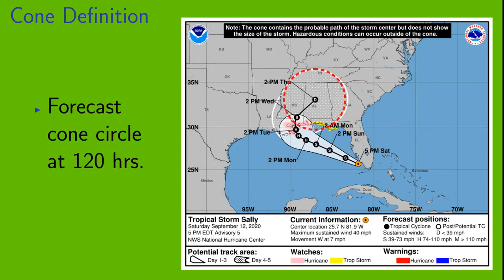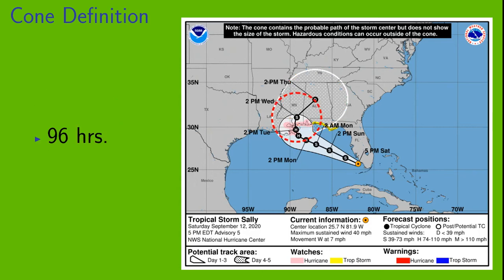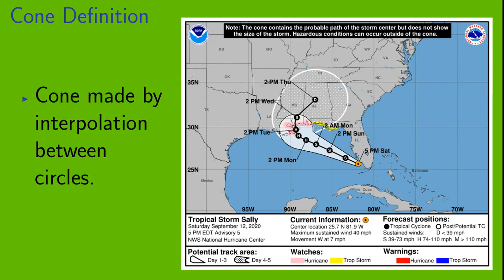So for example, here we can see the forecast cone circle at the 120-hour time point. And we can see that the uncertainty cone is basically forming a circle around that time point. Similarly, at the 96-hour time point, we can see the same thing, just with a smaller circle. And we can also see that there's a smaller circle around the 72-hour time point. Okay. So then the cone is made by interpolating between these circles.